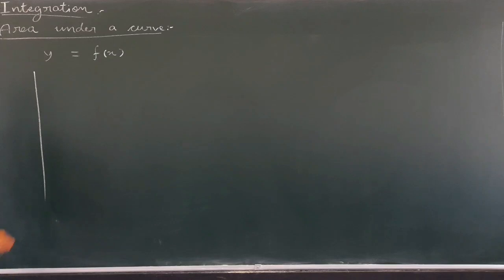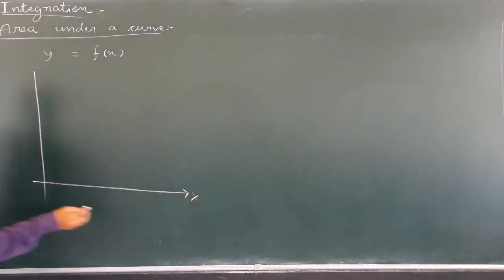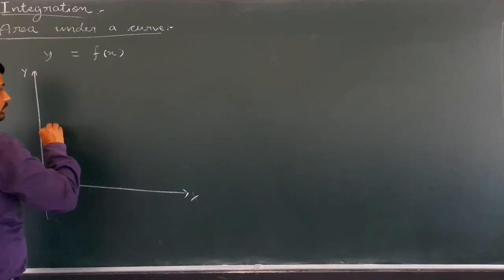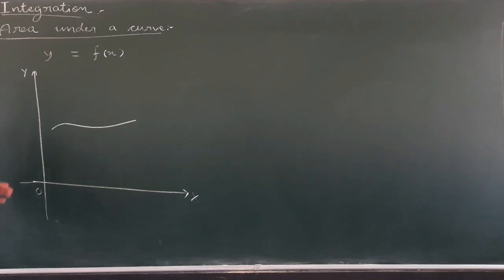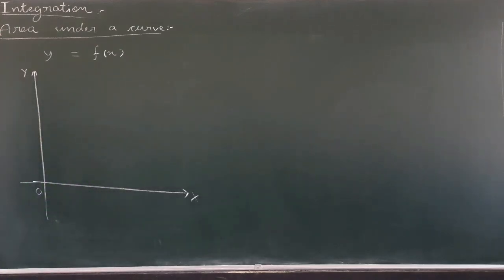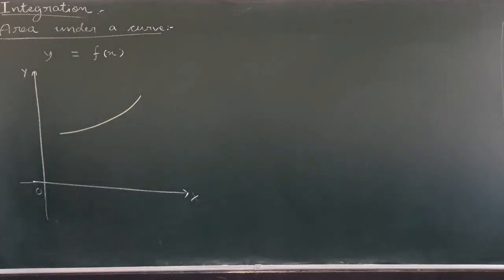So suppose we try to plot its graph like so, this being the origin, x-axis, this one, and y-axis. Now in general, suppose we get a curve like so. Suppose this is the graph of y is equal to f of x. Let me make it a more general one. Suppose we have a curve like this.